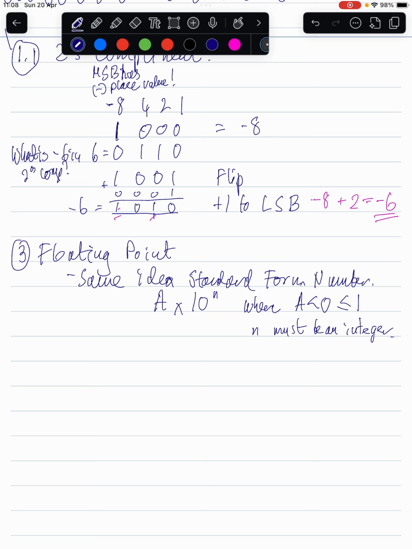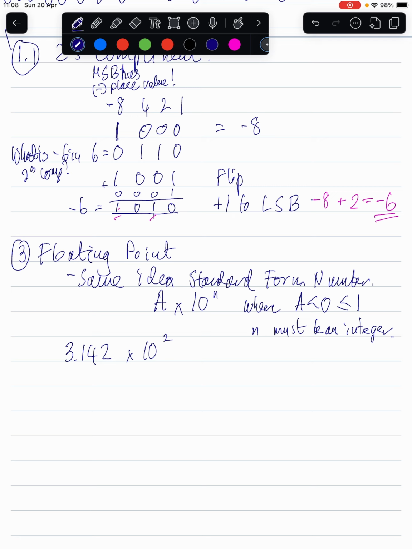Okay, so let's look at what that would mean. So if we had 3.142, I wonder where I got that from, and then times 10 to the 2, right?